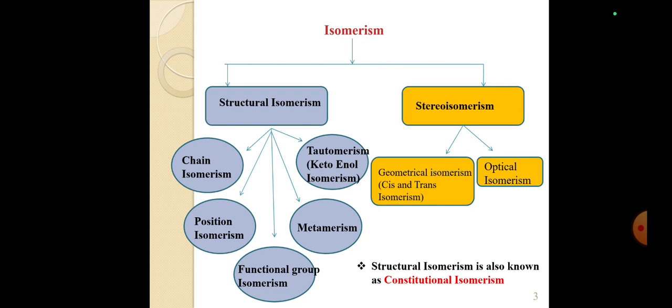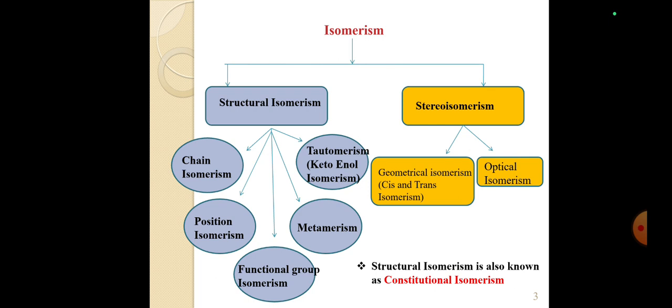These are the five types of structural isomerism which I have circled with the dark blue color: chain isomerism, position isomerism, functional isomerism, metamerism, and the last one, keto-enol isomerism, which is also known as tautomerism. And the second part is stereoisomerism, in that geometrical isomerism, which is also known as cis and trans, and optical isomerism.